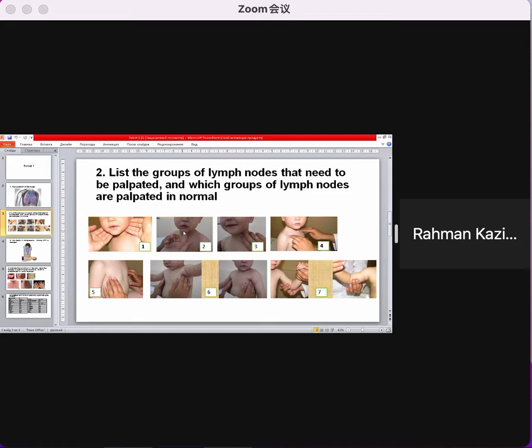We can't usually palpate it unless there is some defect. No. Students who were with me in the previous cycle, you have to know it because we discussed it, and you have this information in the book also.